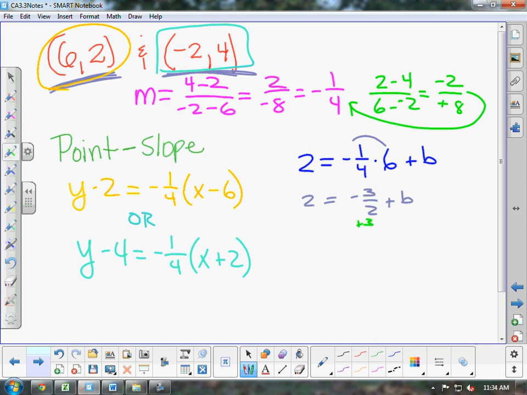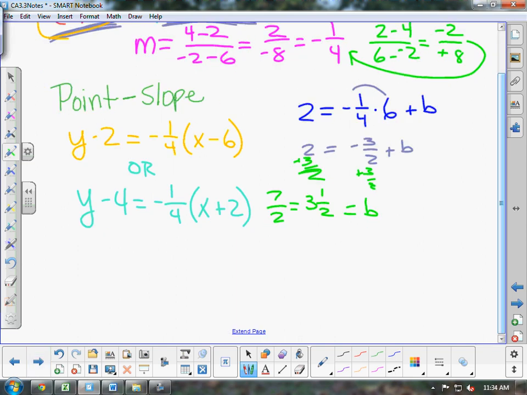And then adding 3/2 to both sides, b will be 3.5, or 7/2 if you want to write it as a fraction. And so then, taking either one of these equations and solving for y would get you the same thing. y equals negative 1/4 x plus 7/2.